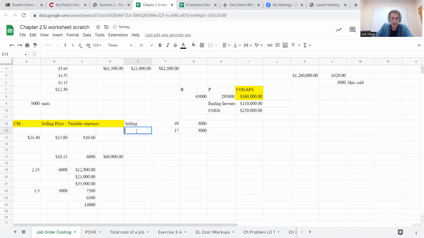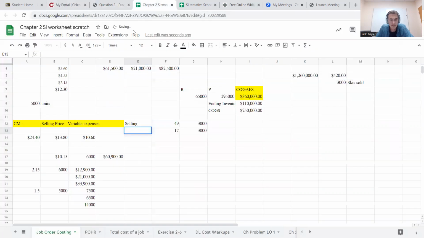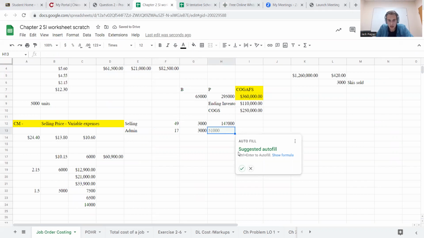And this is admin. Okay. Now I can just multiply these two. Okay. This one will autofill, but I don't trust that. I'm doing it by myself.